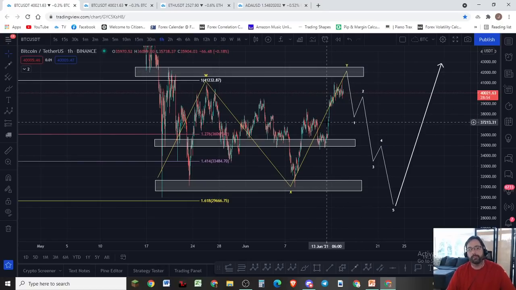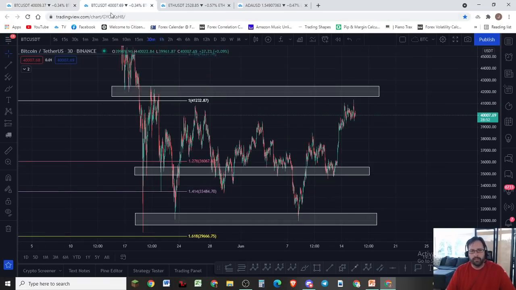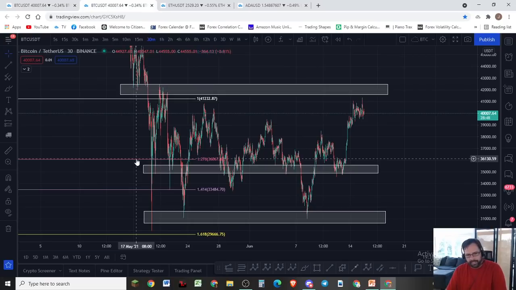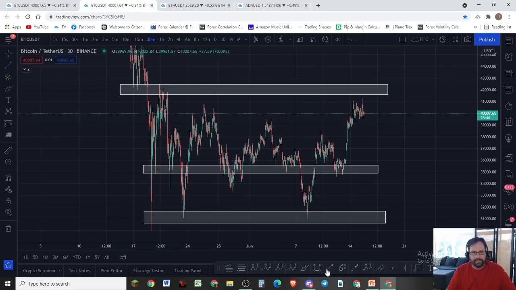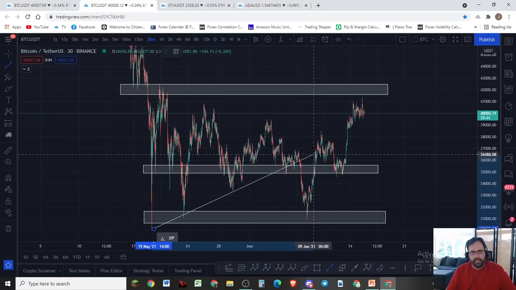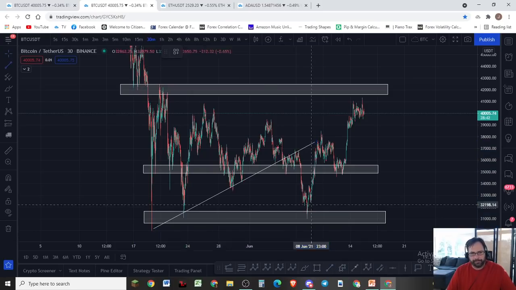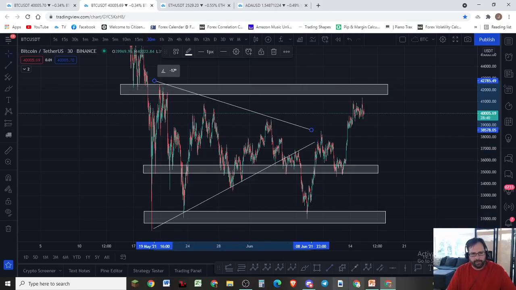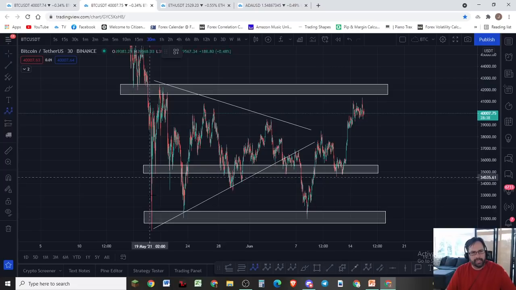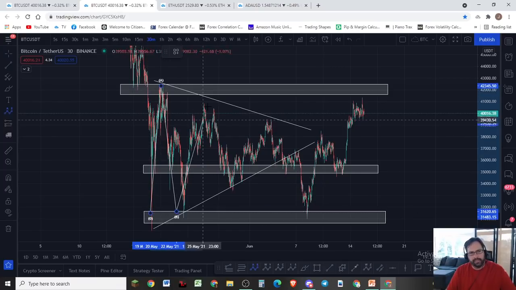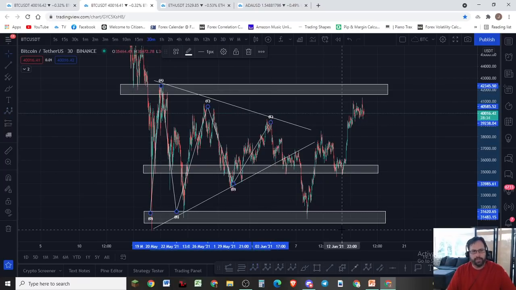But let me give you another potential aspect of what I'm seeing. So we're going to go to this chart as well. The other count that I'm seeing as a possibility, and I don't like this one as much, to be honest with you, is that this was a triangle. We had a triangle right here, basically A, B, C, D, E. What came out of that triangle was the fifth wave.